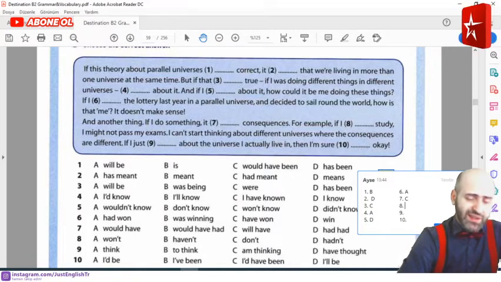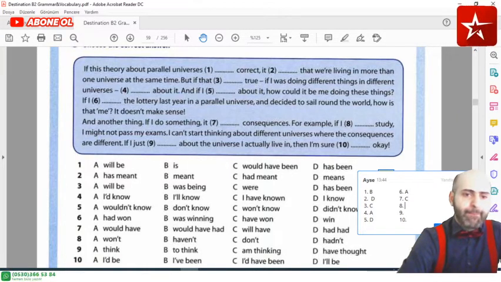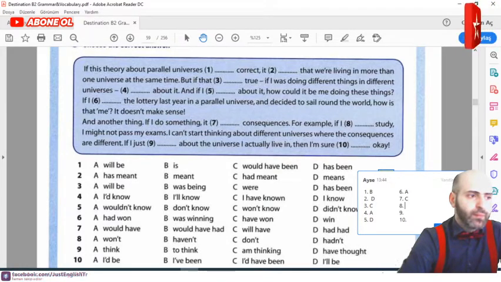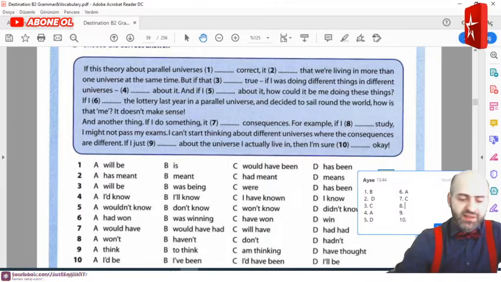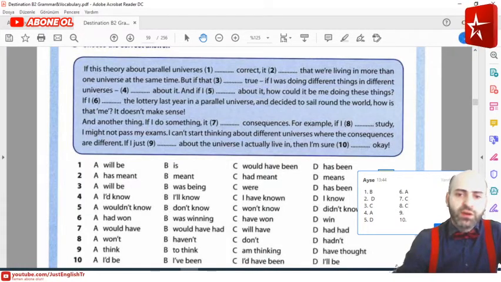There is no tense like that in English. Okay, everyone thinks number 8 is C, and very good job, guys. You are correct.